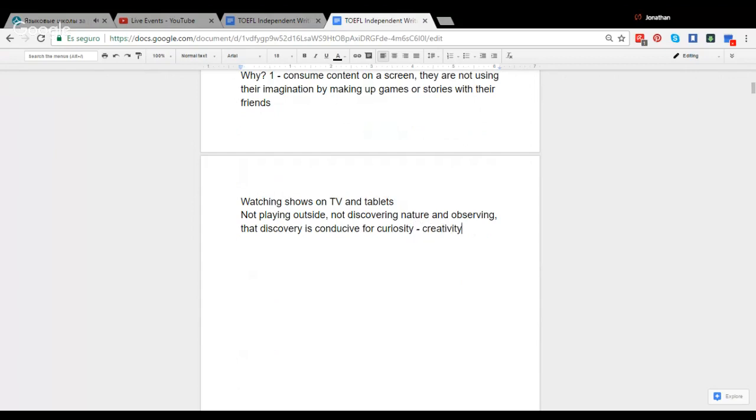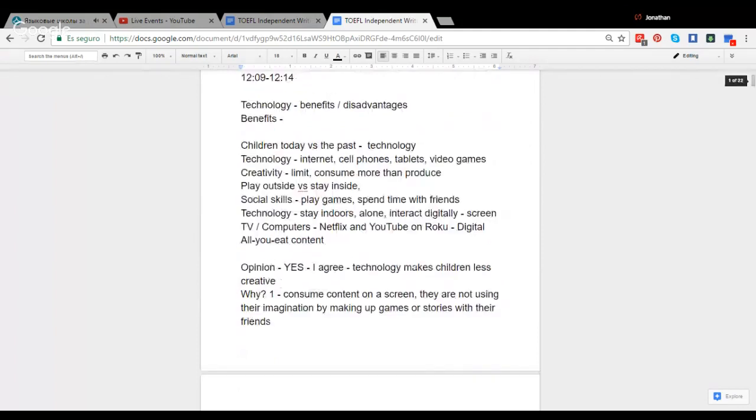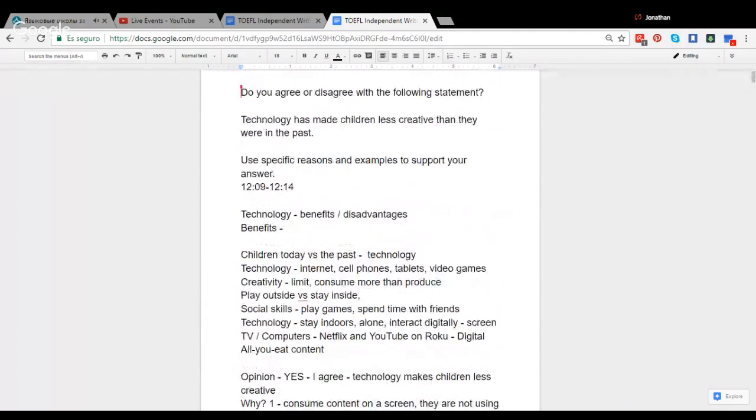So I'm making sure I keep going back to this topic of what it is: creativity. So being less creative, that's my big operative word in this prompt. So technology, and okay, I've made a mistake here in terms of the past.